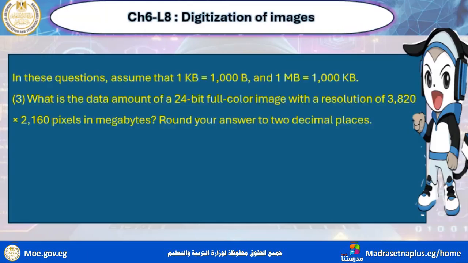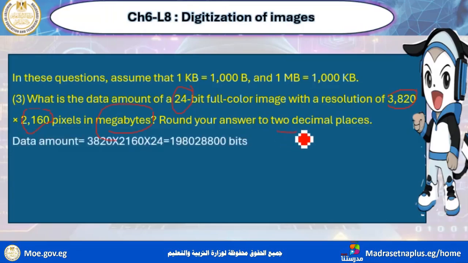In this question, assume that 1 kilo is equal to 1000 bytes and 1 mega is equal to 1000 kilo. So now calculate what the result is. Now we have 24 bits and the resolution is large numbers. We need a calculator. So the result will be in megabytes. Now round your answer to decimal places.